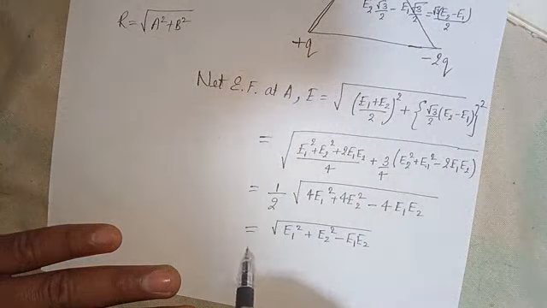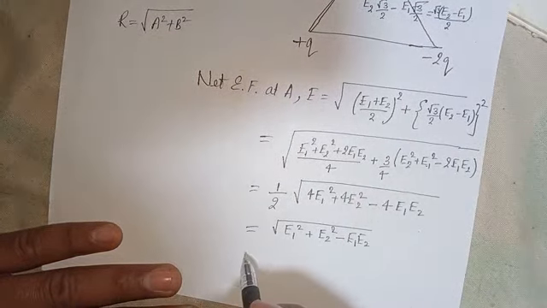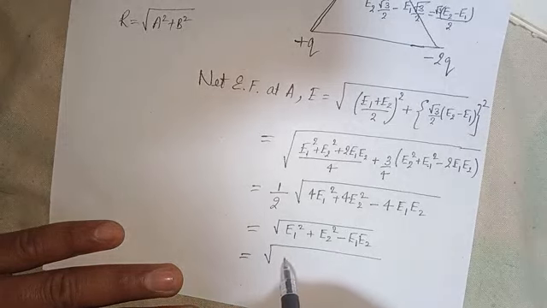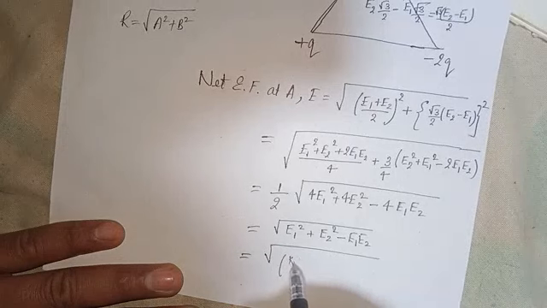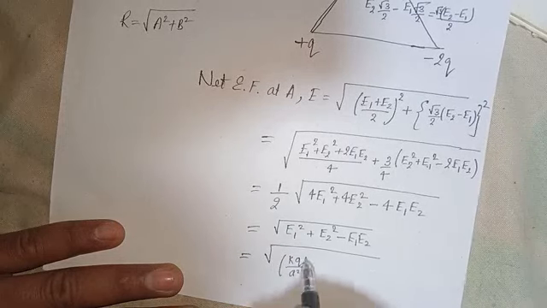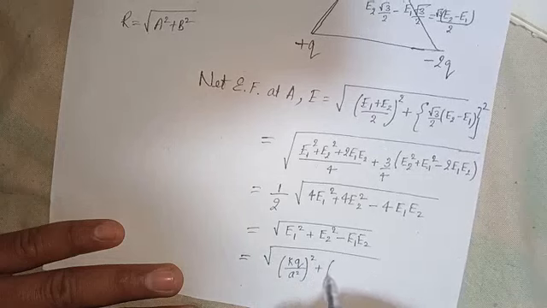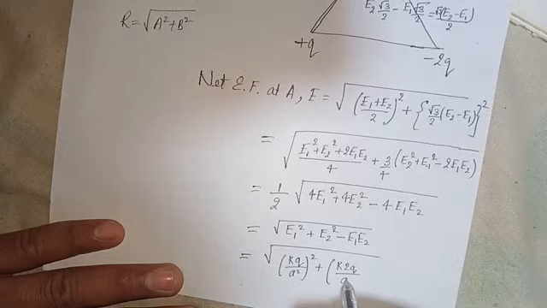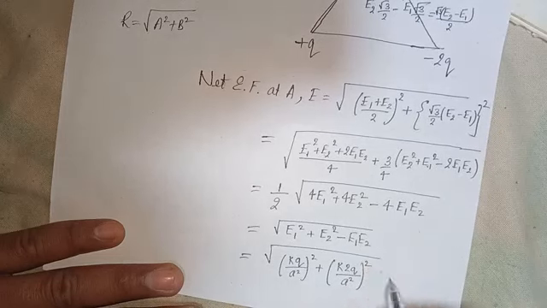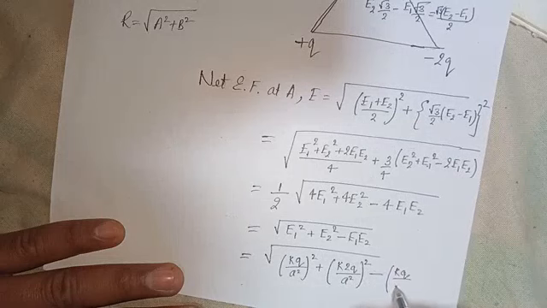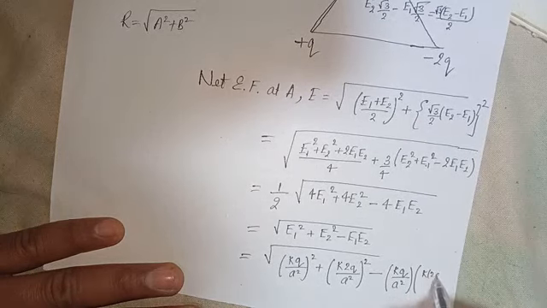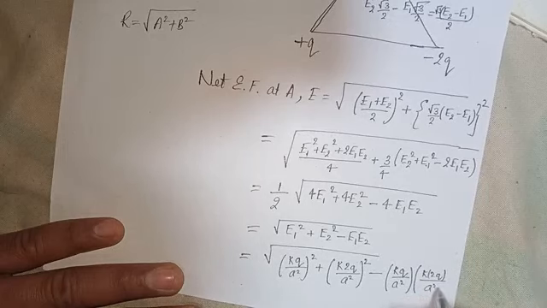And we know the value of E1 and E2. So if we put the values here, the value of E1 is k into q upon a square, and the value of E2 is k into 2q upon a square.